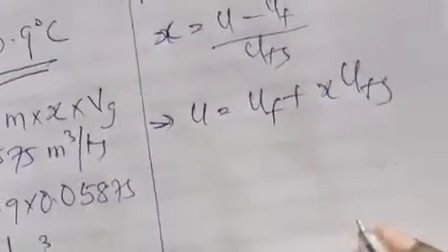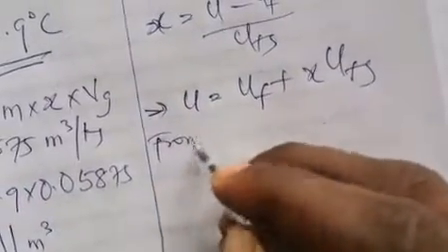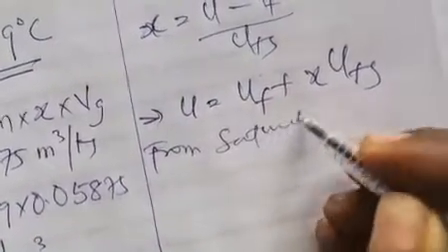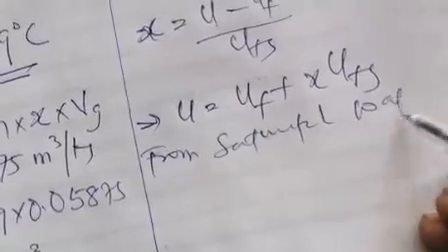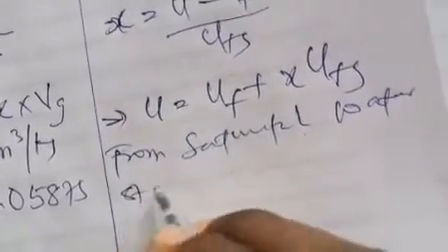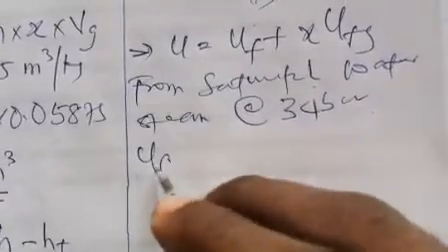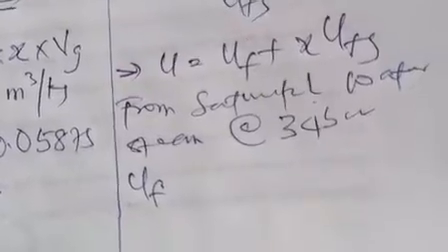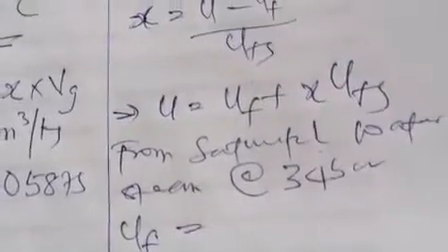So still from saturated water and steam corresponding to the given pressure, which is 34 bar, we have to obtain what UF is and UFG. Let's check that now.